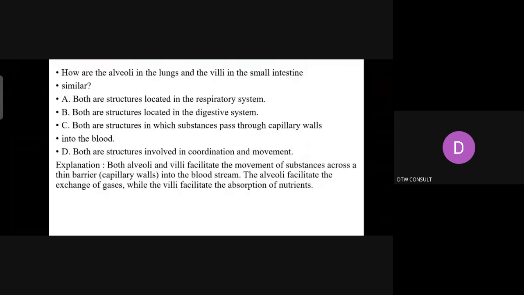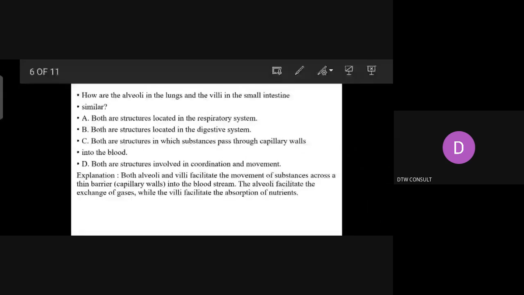A, both are structures located in the respiratory system. B, both are structures located in the digestive system. C, both are structures in which substances pass through capillary walls into the blood. D, both are structures involved in coordination and movement.